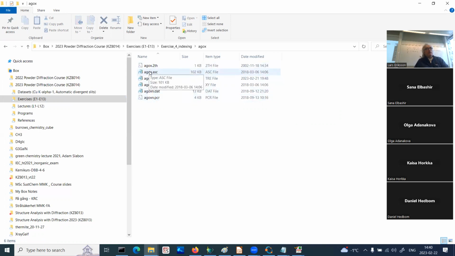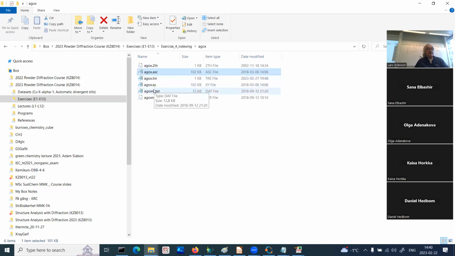This is not done here with our modern machines, but we only have an XY file. In order to be able to read it into HiScore, we need to change the extension from .xy to .asc, or ASC for ASCII text file.